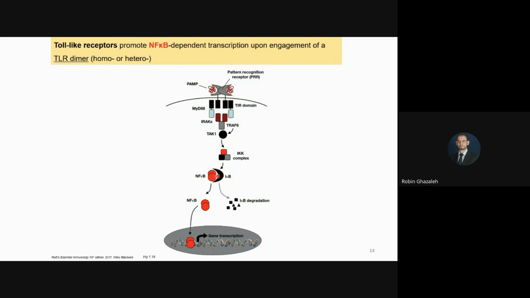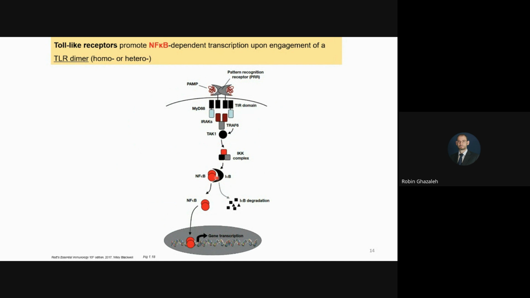So here in these red circles, this is the transcription factor. It's a dimer. And this NF-kappa beta is just waiting to be free and to go inside the nucleus and do some gene transcription. But it can't, because this molecule, and the I stands for inhibition, is preventing it from going into the nucleus.